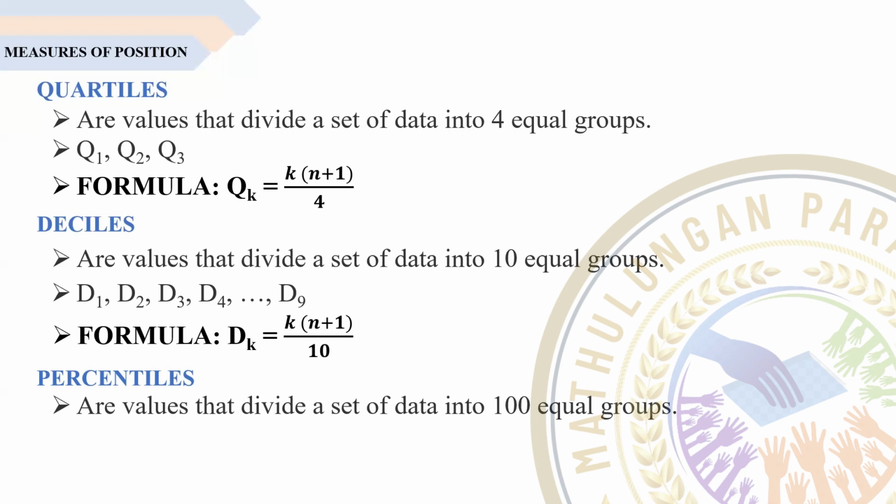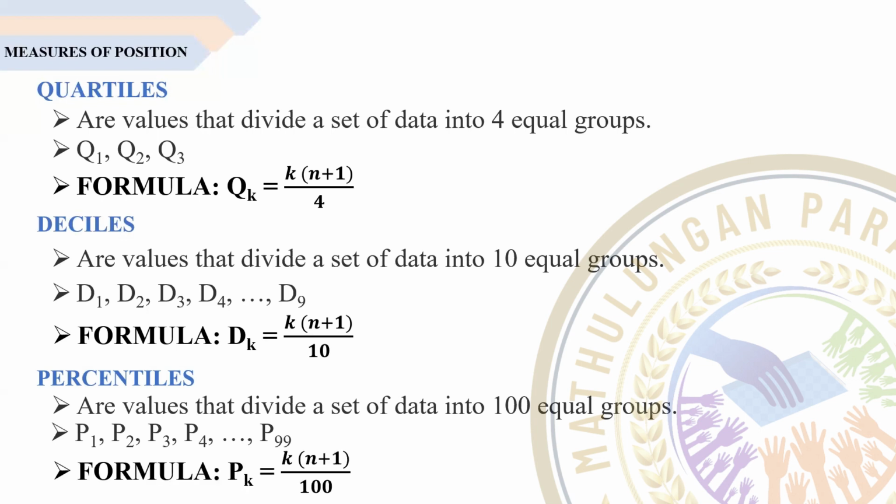So this time naman, ang percentiles natin ay 100 equal groups and denoted by percentile 1, percentile 2, until the 99th percentile. At ang formula naman na ginagamit natin when we are solving the percentiles is P sub k is equal to k times the quantity of n plus 1 all over 100.